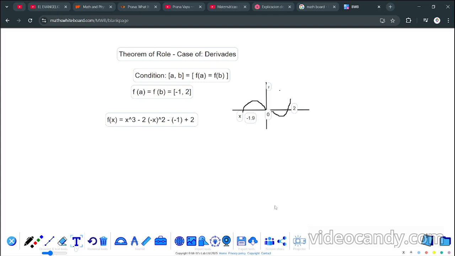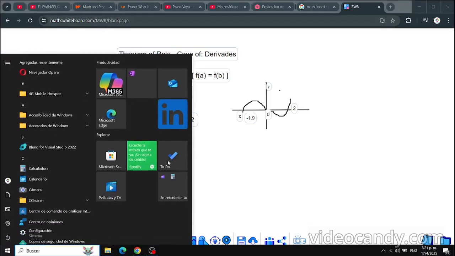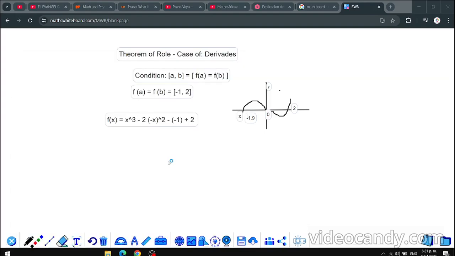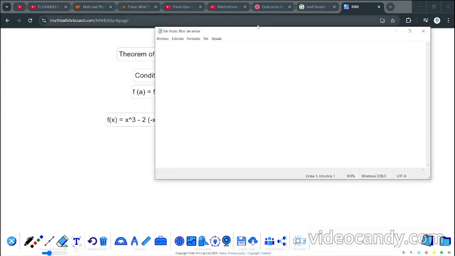That is something bad, which I don't know how to fix. Let me see. Okay, in this case, what I want to do is just to try to copy on a notepad, for example, because it's faster for me.